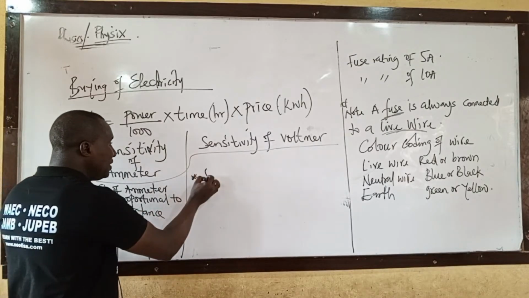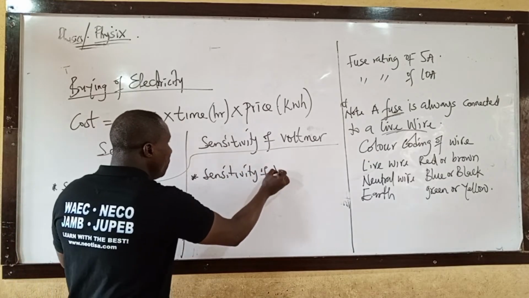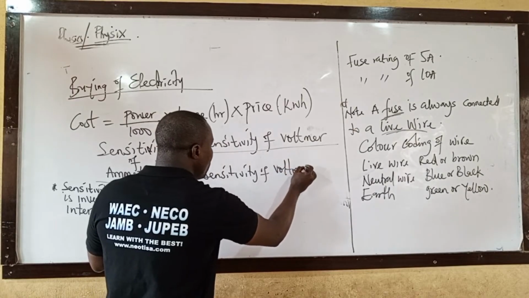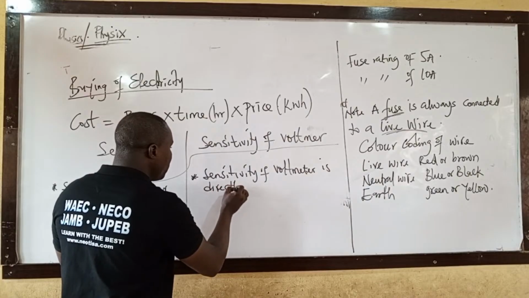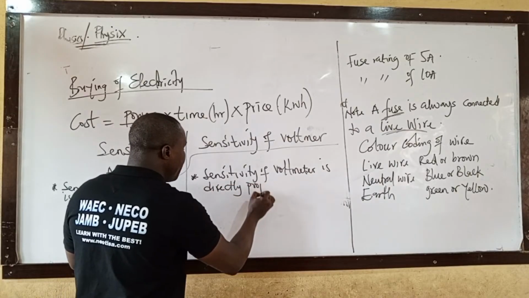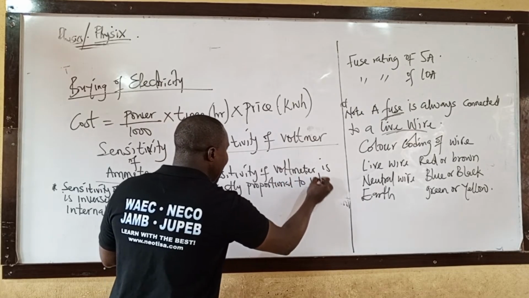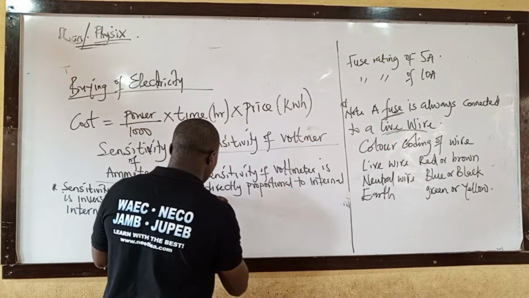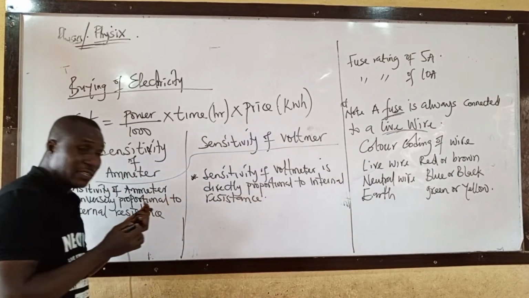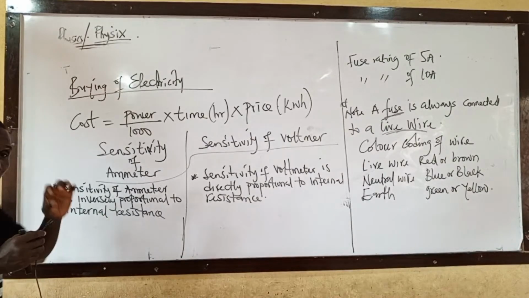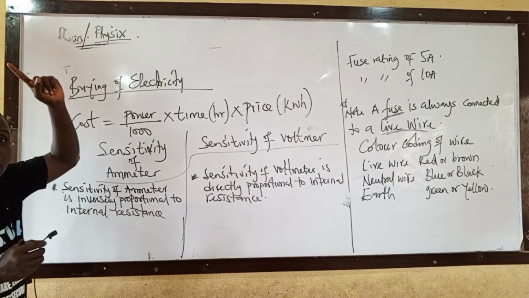While sensitivity of voltmeter is directly proportional to internal resistance of the wire. Meaning that for the ammeter, if there is low internal resistance, sensitivity will increase.